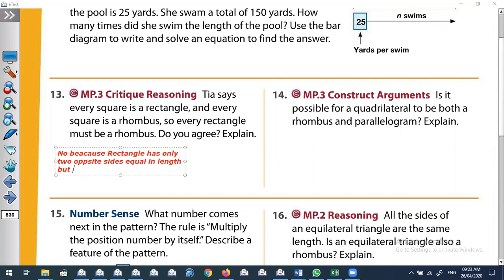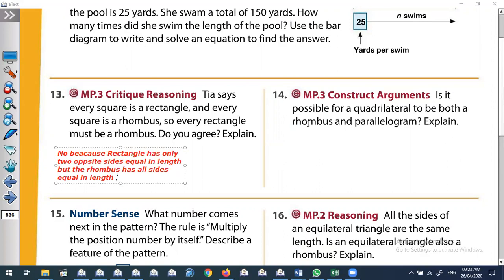But the rhombus has all sides equal in length. So the rhombus, all of its sides equal in length, but the rectangle, each two opposite sides equal in length.